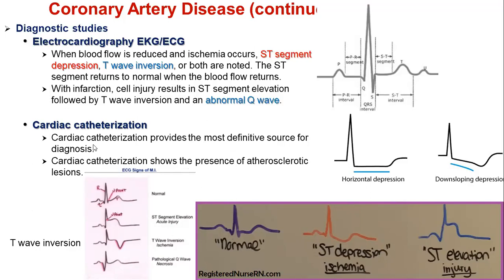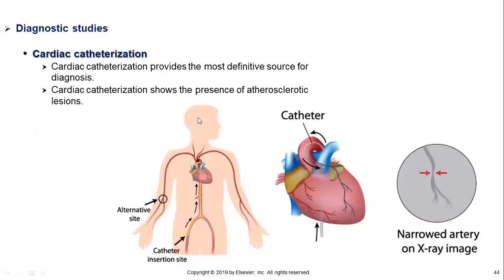Also, cardiac catheterization can show the percentage of blockage of the artery or presence of atherosclerotic lesion. Here in this picture showing the narrowing of the artery in X-ray image.